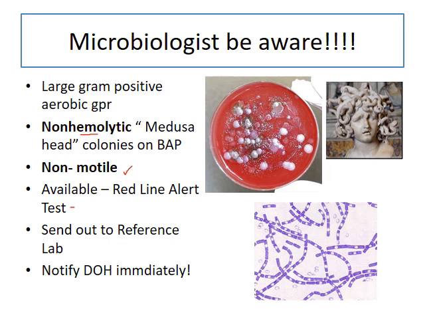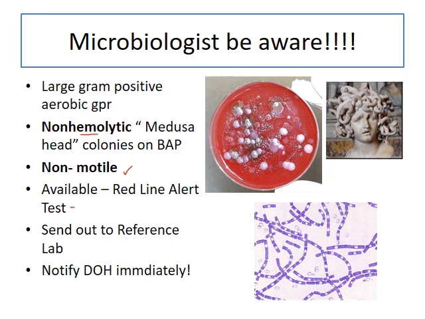identification of Bacillus anthracis. The key thing is once you do your motility, you do your catalase, and you look at your beta hemolysis. If those are negative hemolysis, negative motility, and positive catalase, and it's a large gram-positive rod, you have to send it to the state.